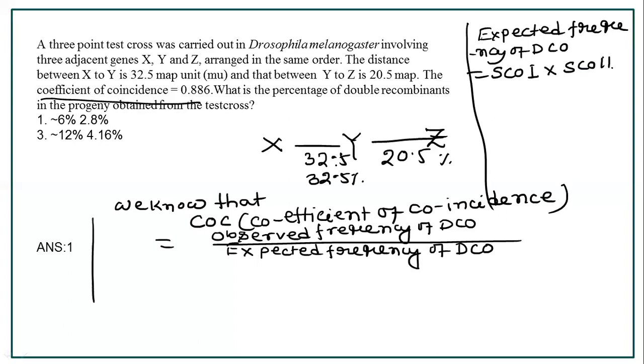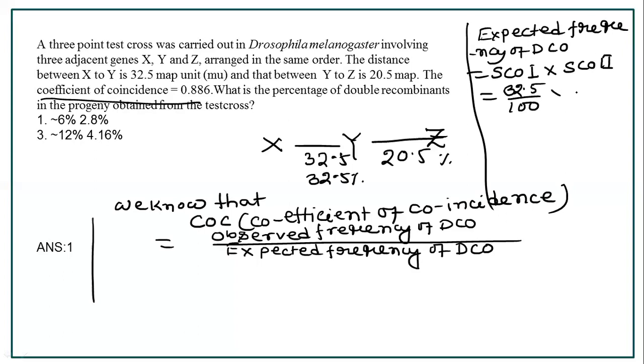Single crossover 1 is given as 32.5%, so 32.5 by 100.